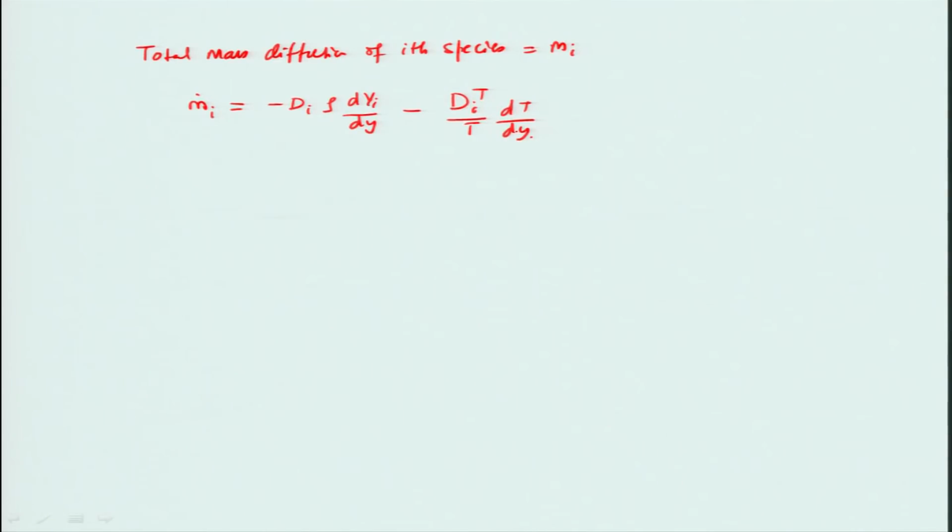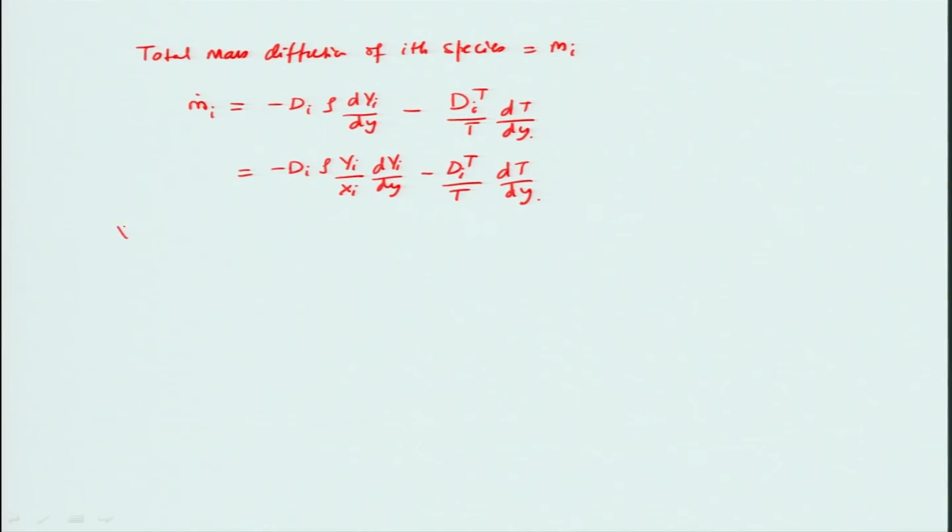Of course, I can write this as minus D_i rho Y_i by X_i dY_i by dy, minus D_i^T by T dT by dy.